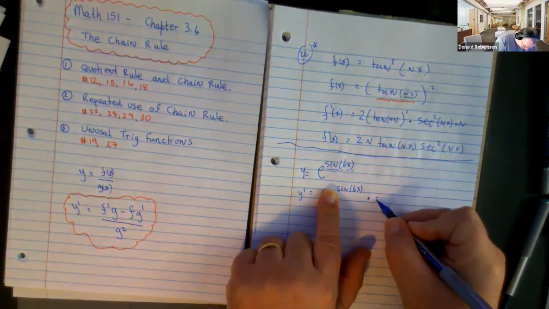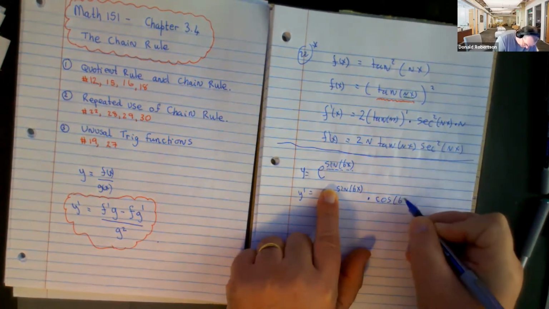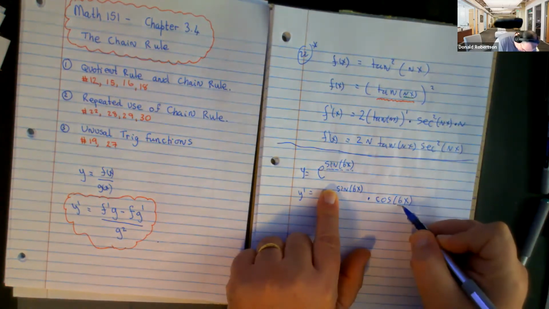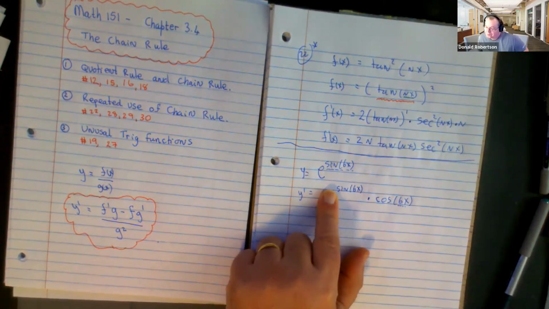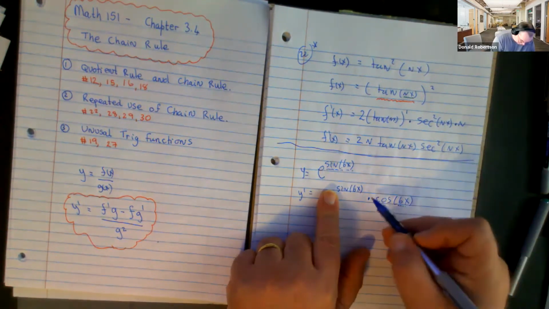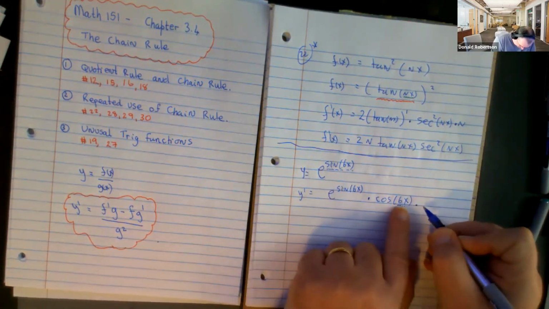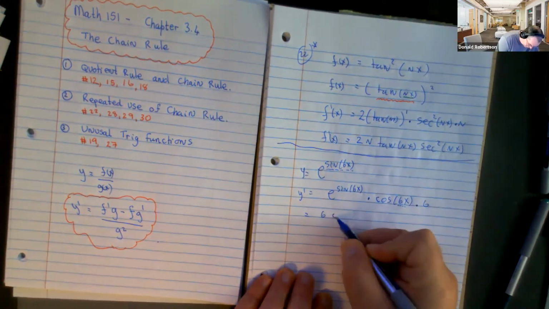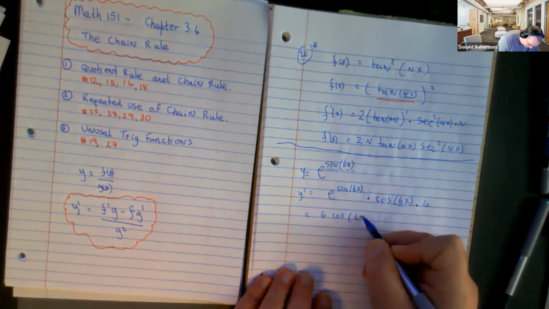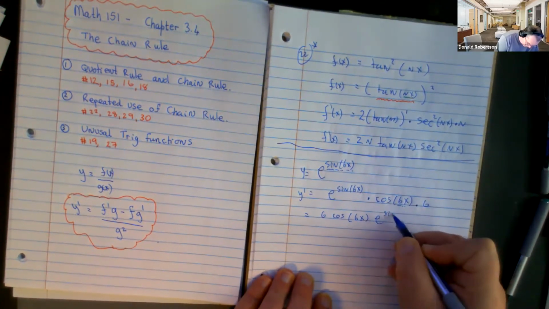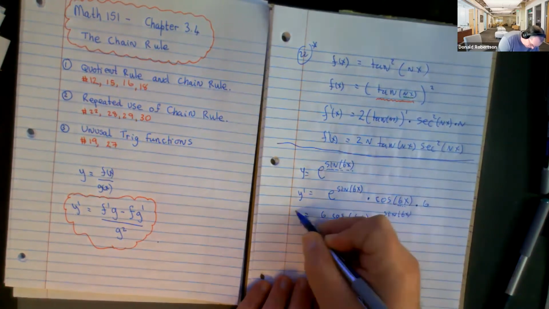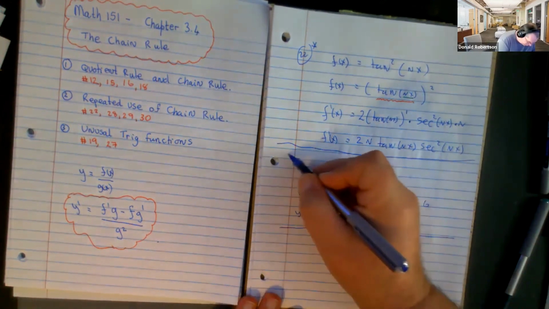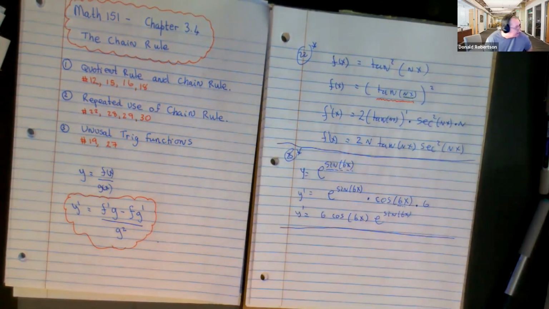Well, if you differentiate the sine of 6x, don't you get the cosine of 6x? But isn't that an inside function for the cosine? So don't you finish with not just the cosine of 6x, but the derivative of 6x, which is 6. So in this case, you get 6 cosine 6x e to the sine of 6x. And that's similar to 28.